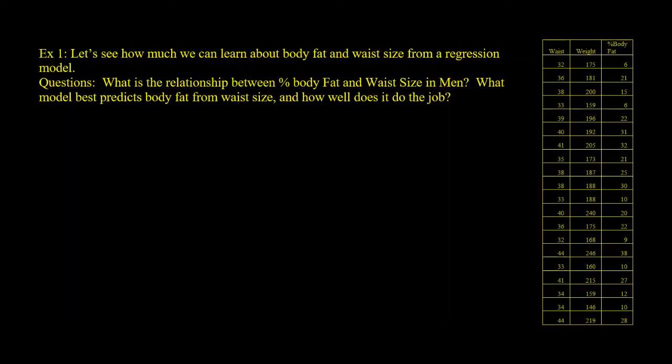For regression, we're testing the hypothesis: is there an association between the response and explanatory variables, or is there not one? So our null hypothesis will be that beta 1, the slope, equals 0, which means that there is no association between the variables.